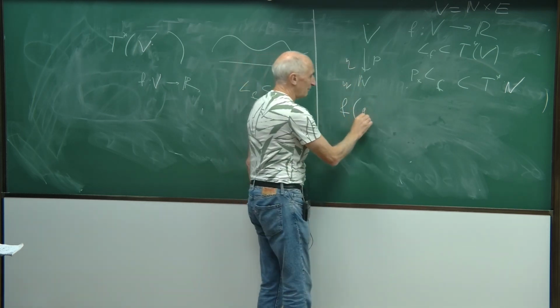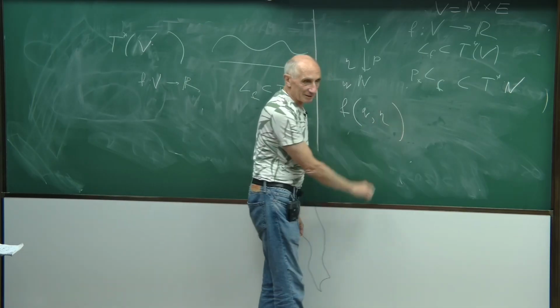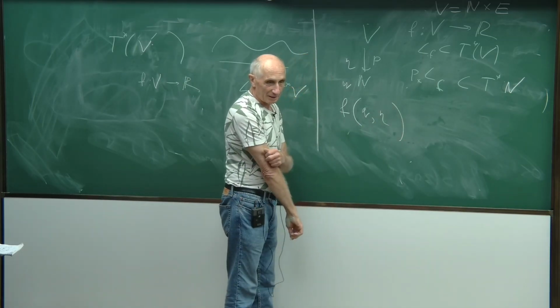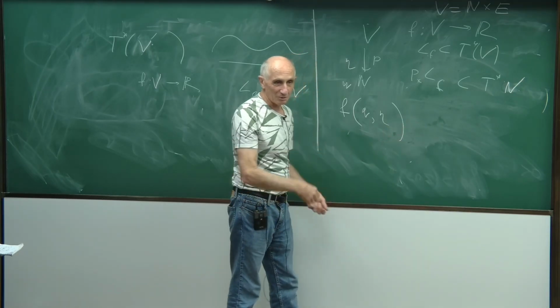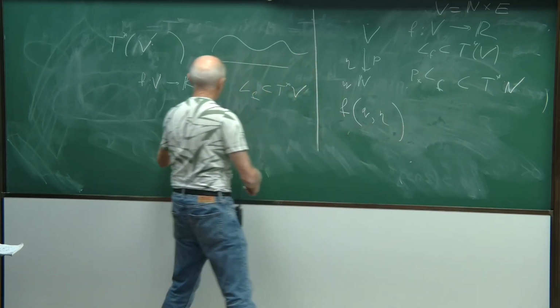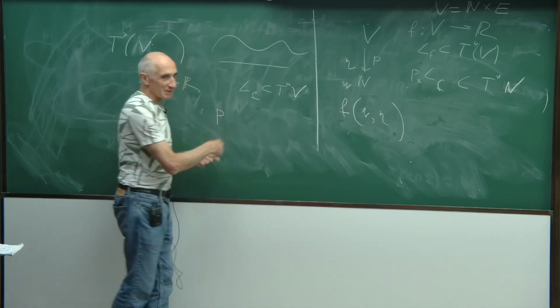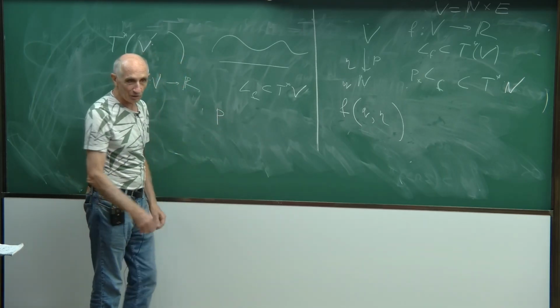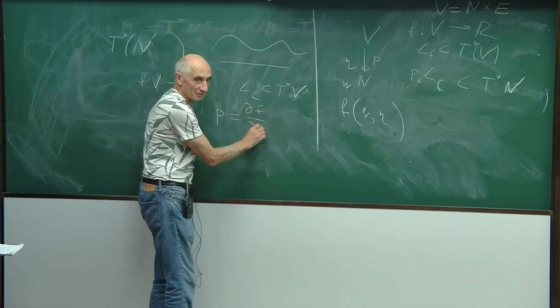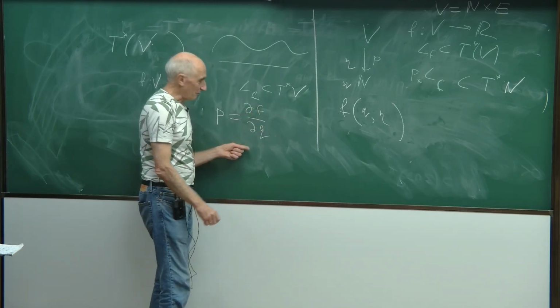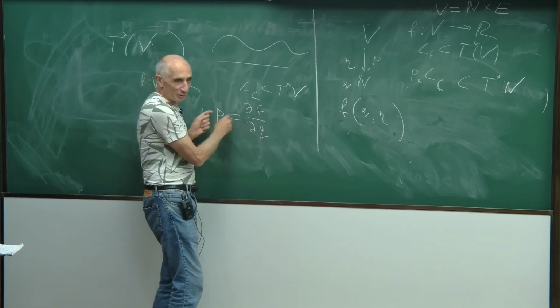So f is a function of q and eta. If you have canonical coordinates p, q, then p is equal to df over dq.